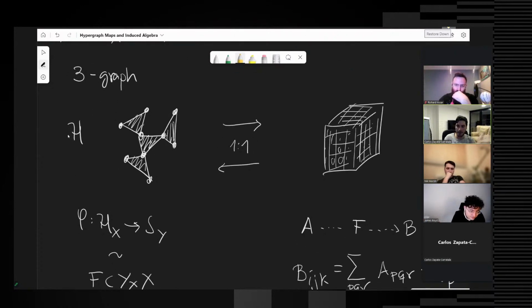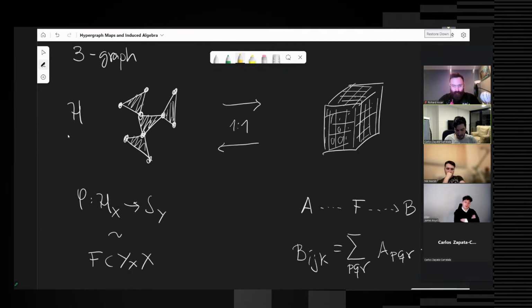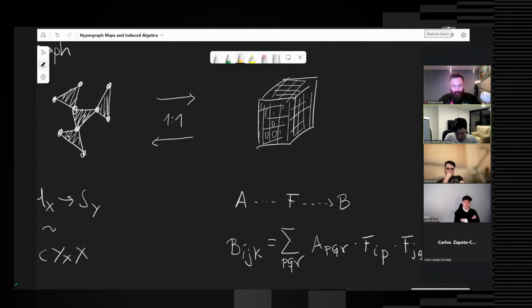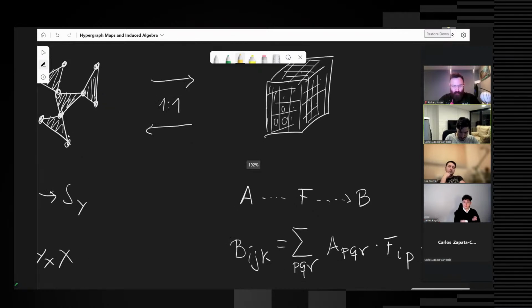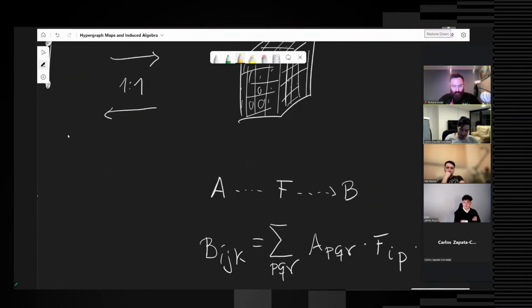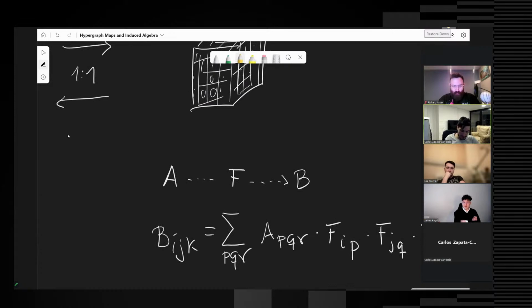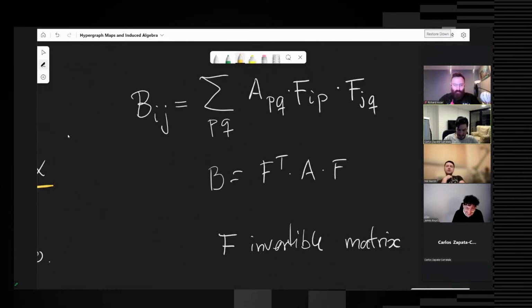Let's consider a map of hypergraphs that sends H to S, with underlying vertex sets Y and X, and let's try to build the same thing. So you construct basically the same formula. You say the question ijk translates into the question pqr, and then you say "if and". But the issue is that you cannot write something like this anymore.